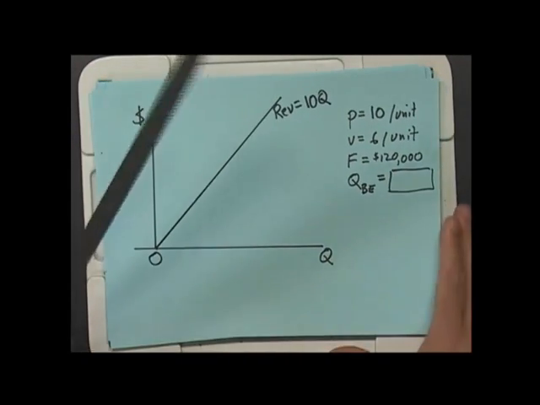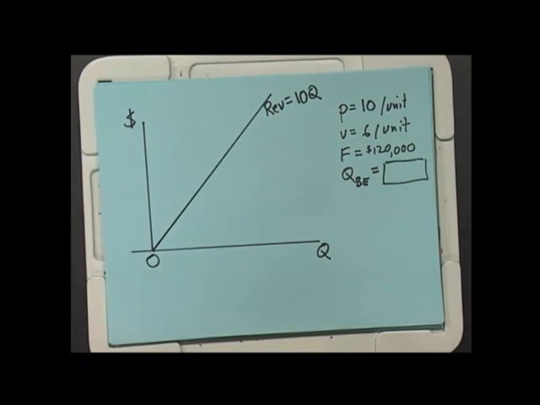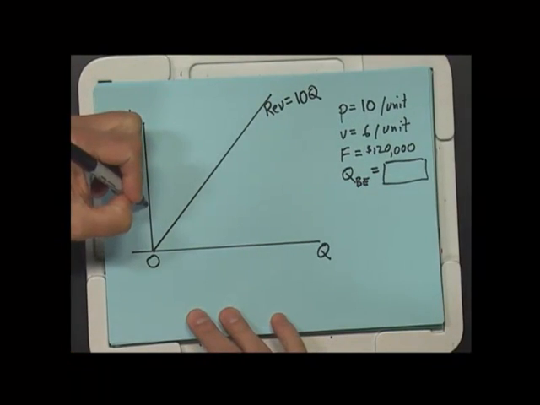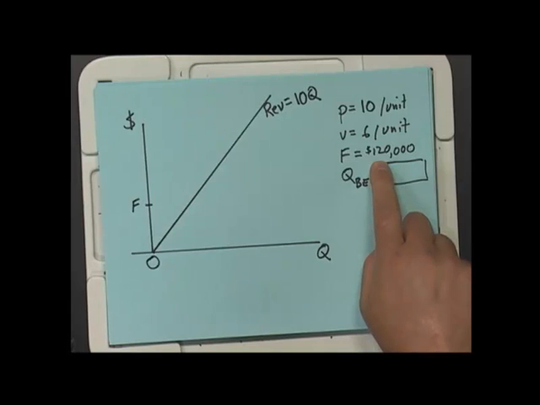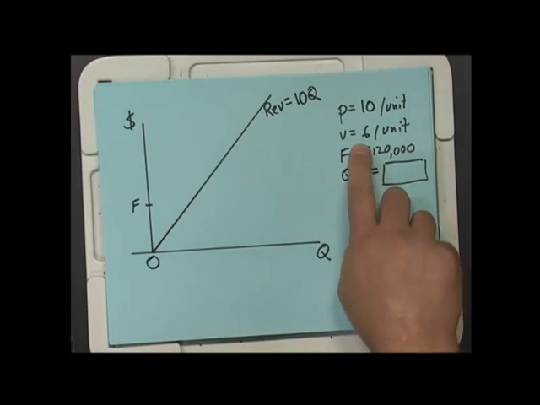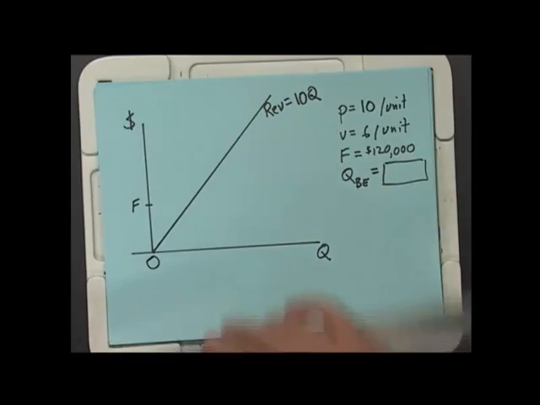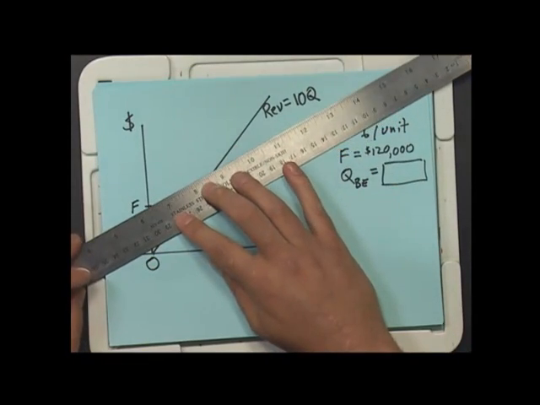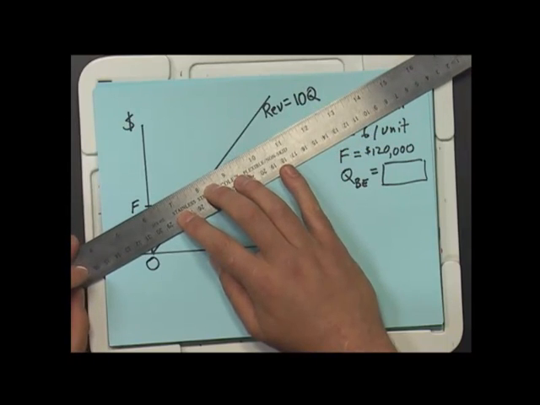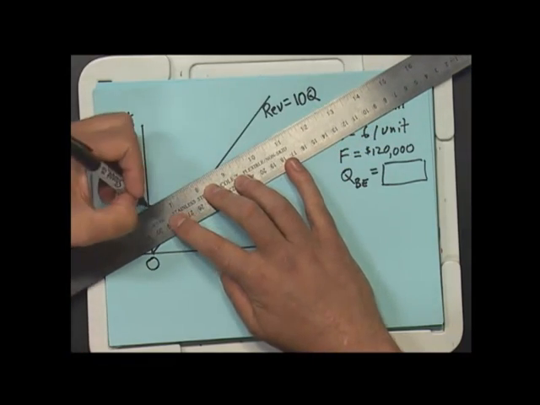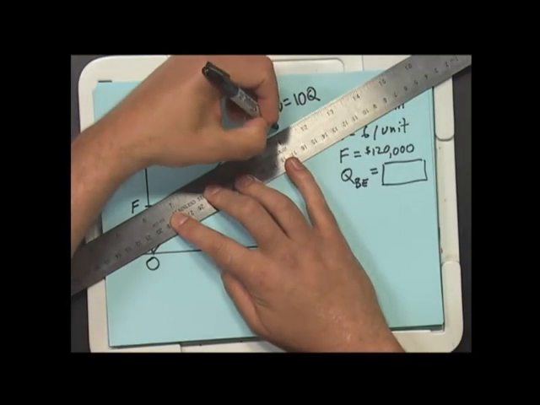And then we can ask, what are our costs? The first thing to recognize is that by the definition of fixed costs, even if we don't sell any units, we're going to incur $120,000. And then we're going to incur an additional $6 a unit. So we're starting at a higher point, but we have a slope that isn't as steep.